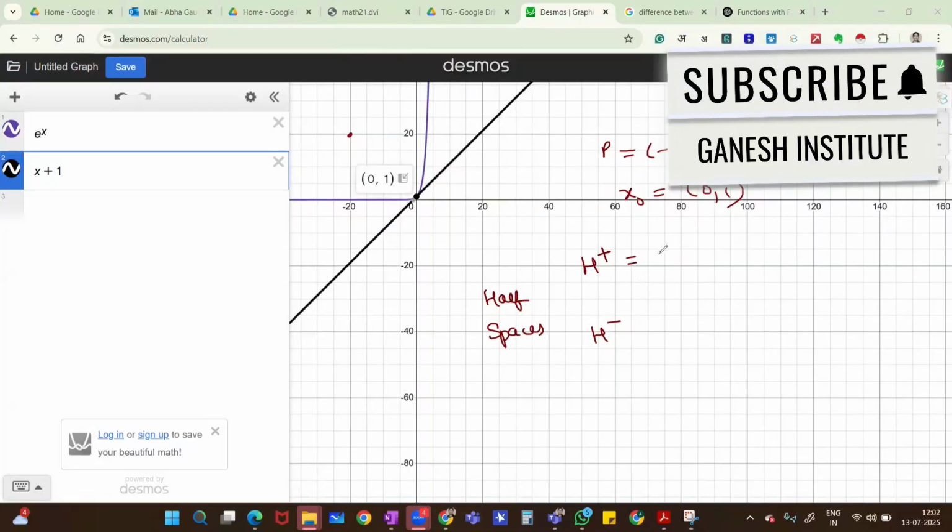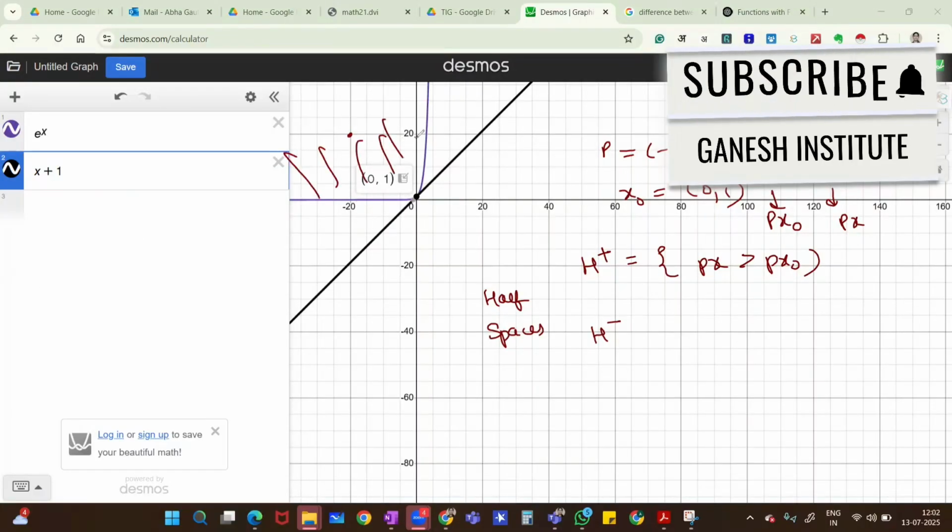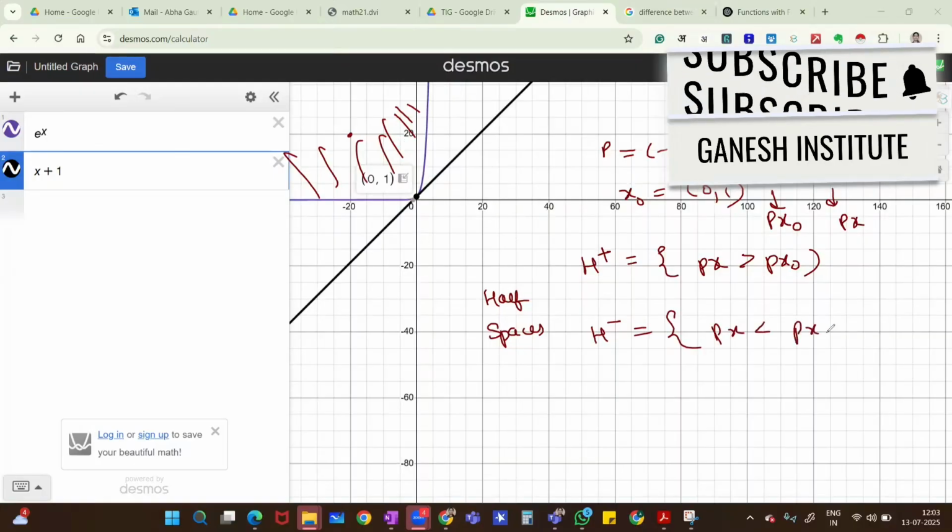If I have px naught and px, the linear combination of these two values, if my px is greater, that is here, it is an upper half space or upper contour. If it is lesser, it is the lower half space defining the curve, the lower contour.